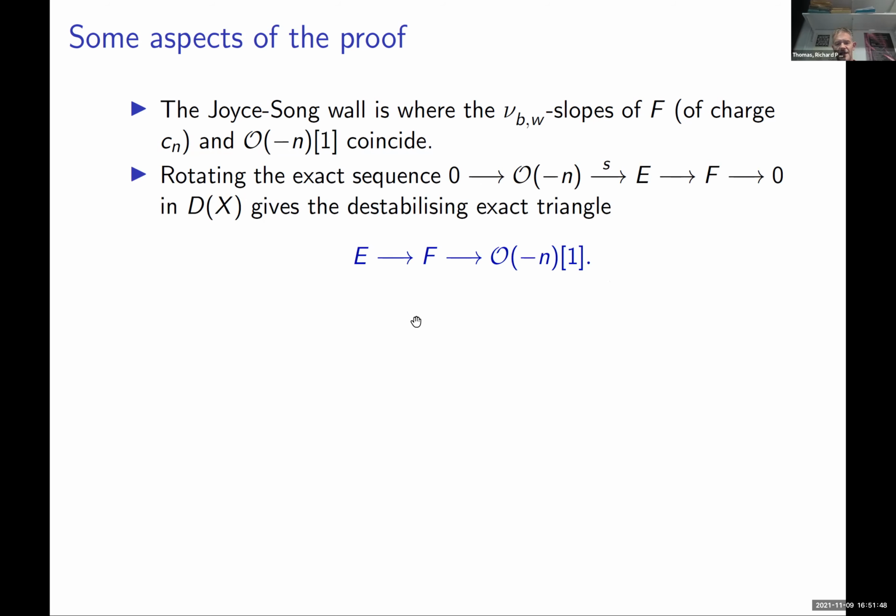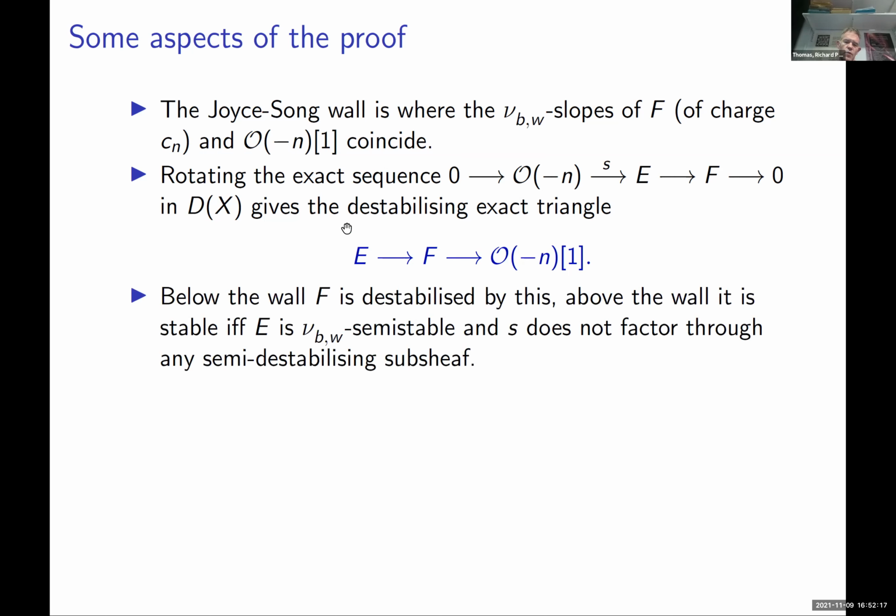And this is an exact sequence in that abelian category that we're using, Bayer-Macrì and Toda. Okay, so the original exact sequence of coherent sheaves is not an exact sequence in the abelian category we're in, but this is. So this is the only place we really need two-term complexes. Okay, so O minus N shifted is a two-term complex. You know, it's in the wrong degree to be a sheaf.